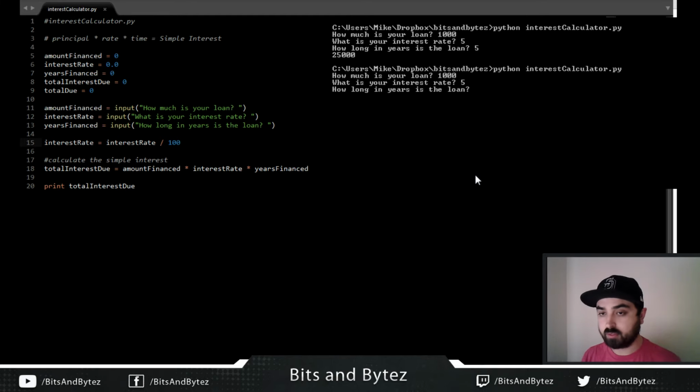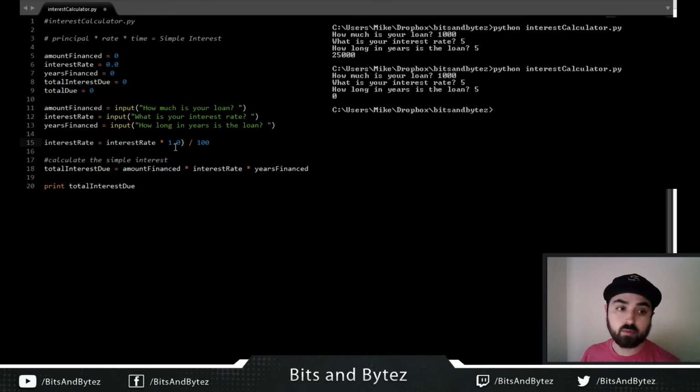Interest rate 5%. How many years? 5. So it's going to be 0, and that's because when they entered a whole number and you divide it by 100, it's going to end up as 0 because it can't do it. So a simple fix is to multiply the interest rate times 1.0. So you're multiplying it by 1, but what you're doing is converting it to a float, so you have a decimal place.